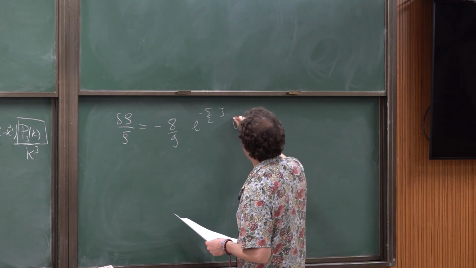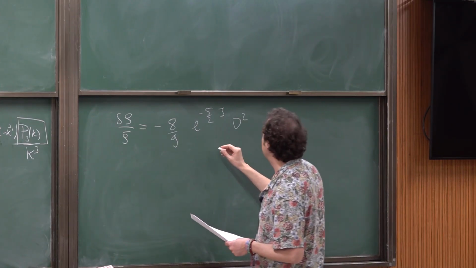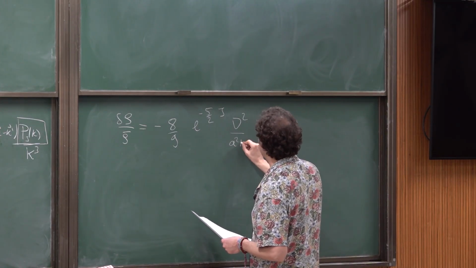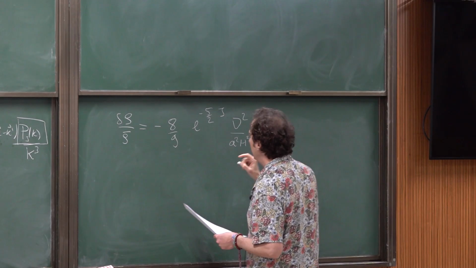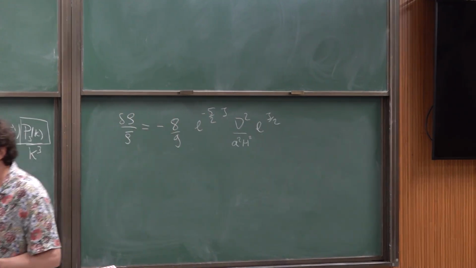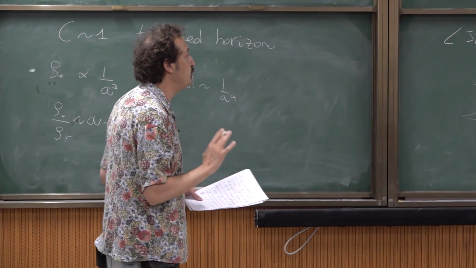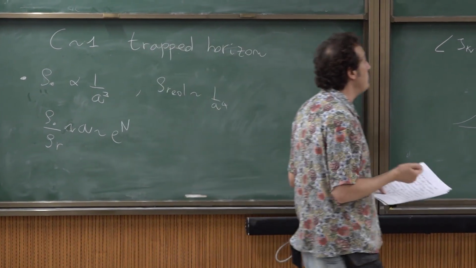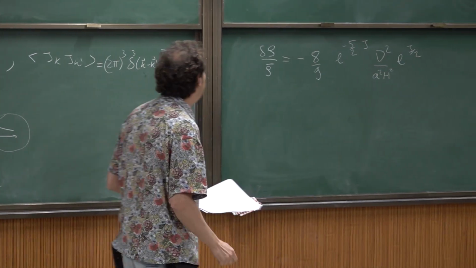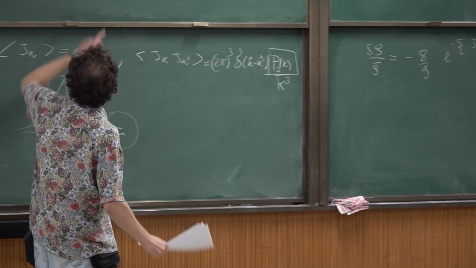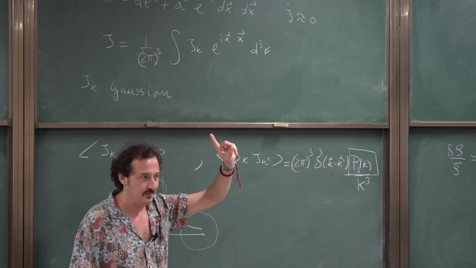Zeta, here is where the Laplacian comes, okay, Laplacian squared, and then here we have a squared H squared e to the zeta half. So this is completely non-perturbative. The only thing is, I'm not doing perturbation theory as we were doing in inflation, where the expansion is for small zeta, but for any wave number.